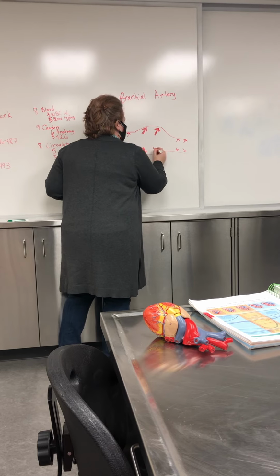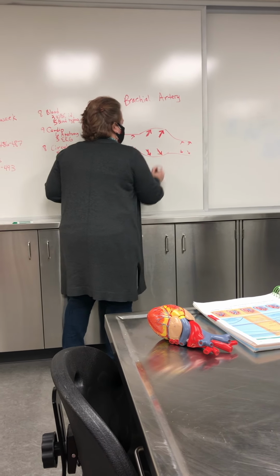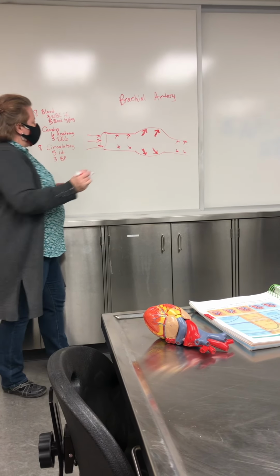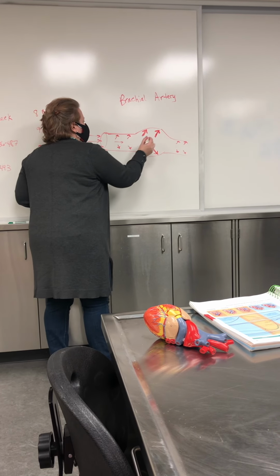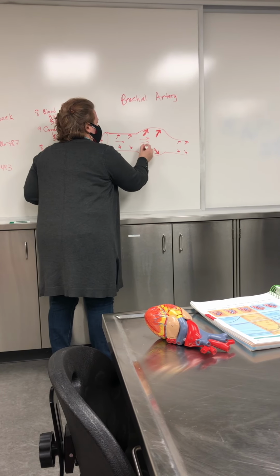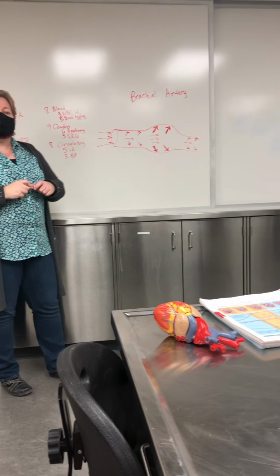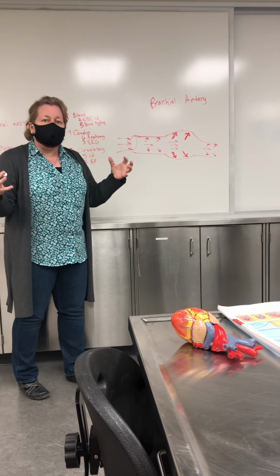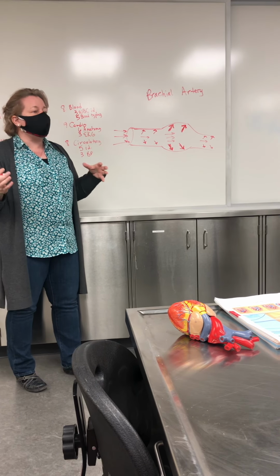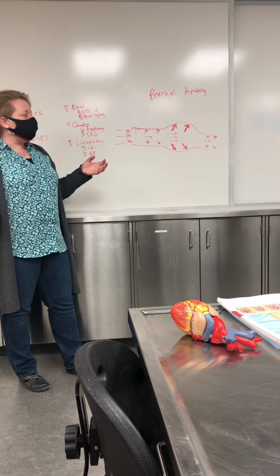And it causes this outward bulge, as you see here. So a little blood coming through, and then more blood coming through during the surge. So blood pressure is an outward push against the walls of the artery from the inside out.